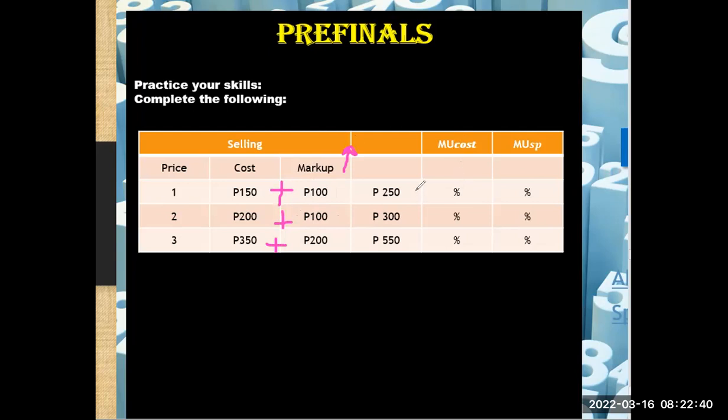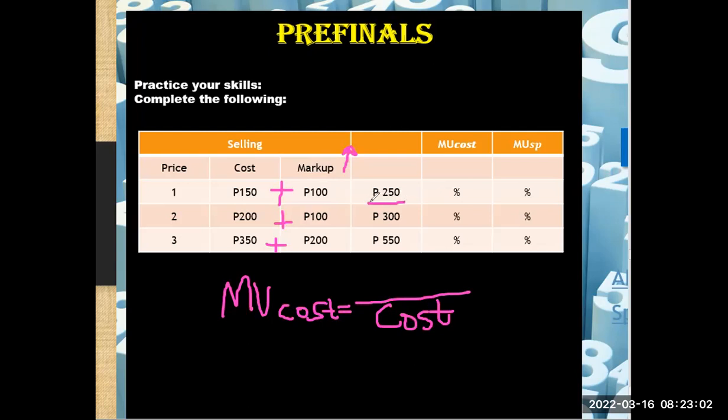Markup based on cost, it is always like that. The denominator will always be the cost. So we take the difference, 250.